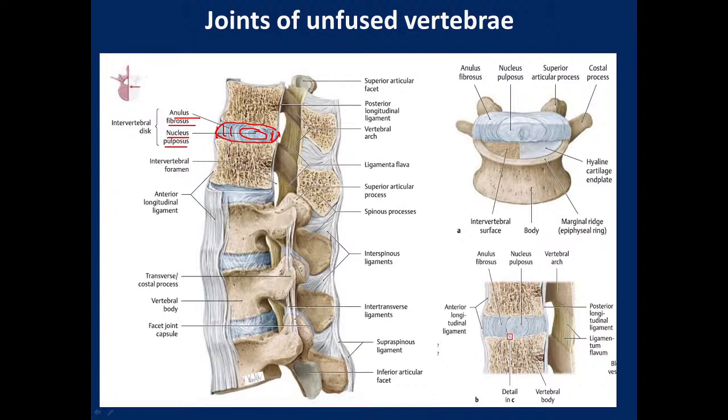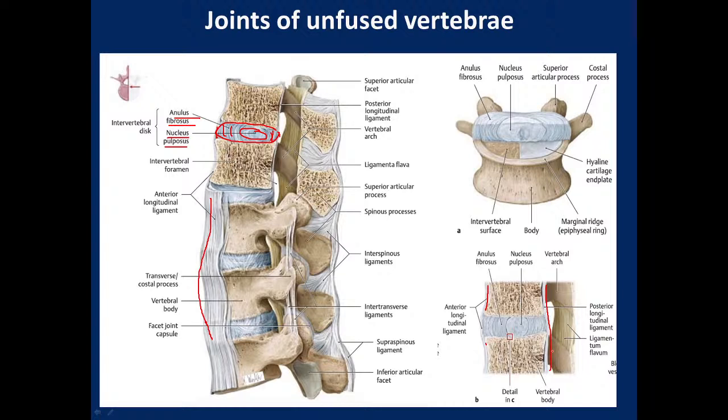Another joint of unfused vertebrae is the anterior longitudinal ligament, the anterior ligament. We also find the posterior ligament here, on the posterior surface of the column. So we have anterior and posterior ligaments.